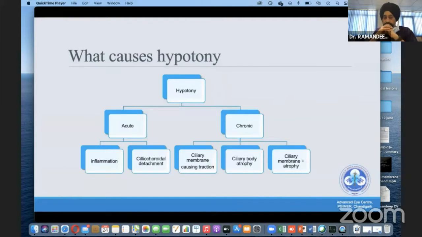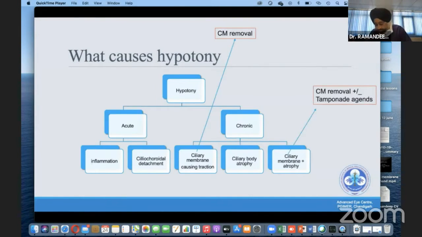And it is here that the UBM, once it tells us that a cyclitic membrane is there, as we know, this cyclitic membrane will be causing a traction kind of detachment from the sclera, resulting in an increased uveoscleral outflow and thus hypotony. Or there will be a cyclitic membrane along with ciliary body atrophy.